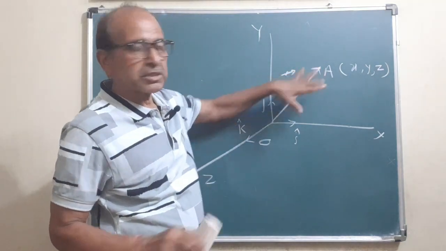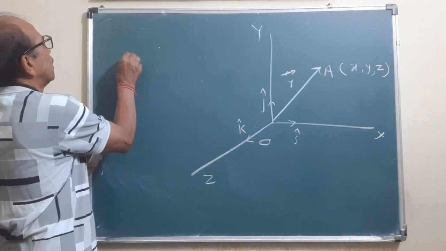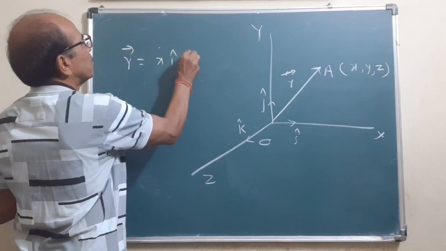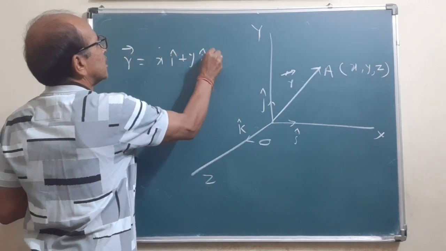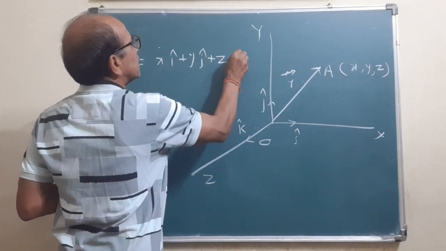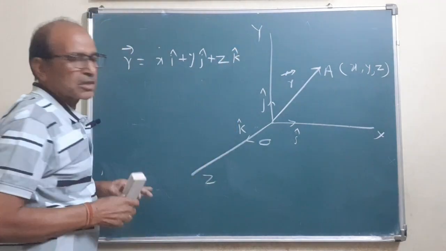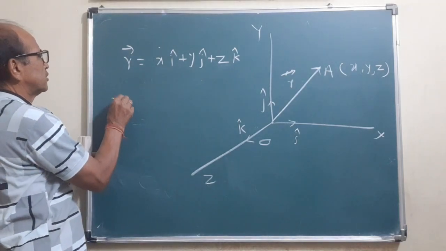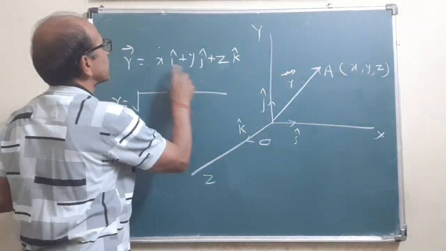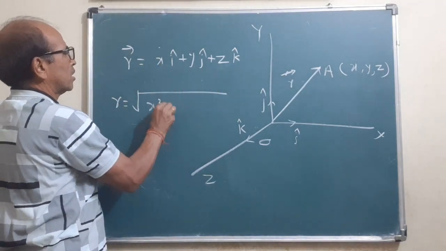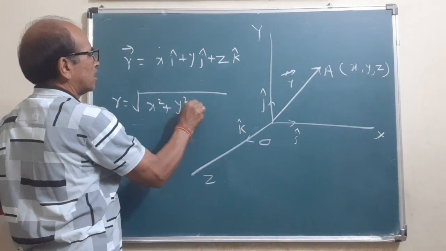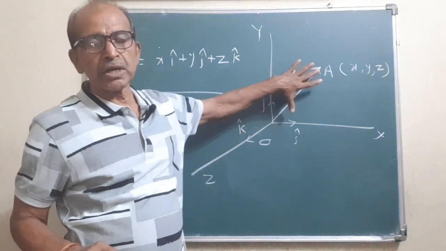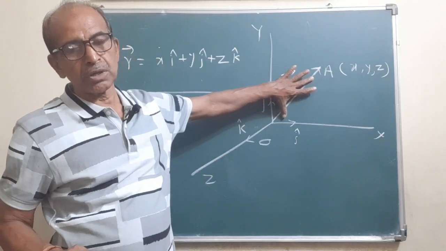What will be the component of this vector? The vector R is equal to x i plus y j plus z k cap. This magnitude, this length will be how much? R is equal to under root x square plus y square plus z square. In this way you can find this distance, magnitude, length.